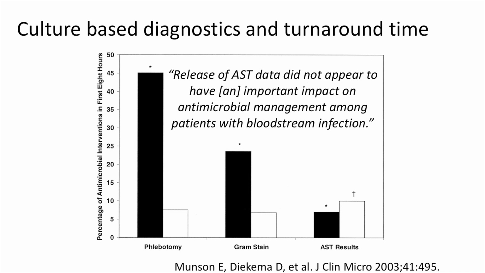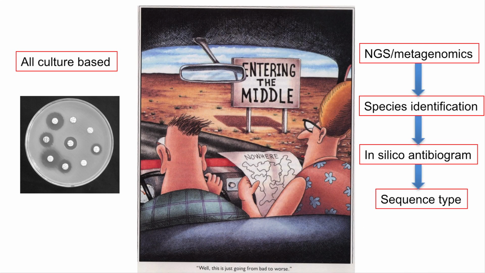So that these results are more relevant. From a 30,000-foot view in clinical microbiology, I think we're entering a middle period, between all culture-based diagnostics, where we get useful results that can help guide therapy but not quickly enough, and a point where eventually we will be able to take advantage of advances in next-gen sequencing and metagenomics, where you can just take a sample and directly determine all the genetic material in that sample.